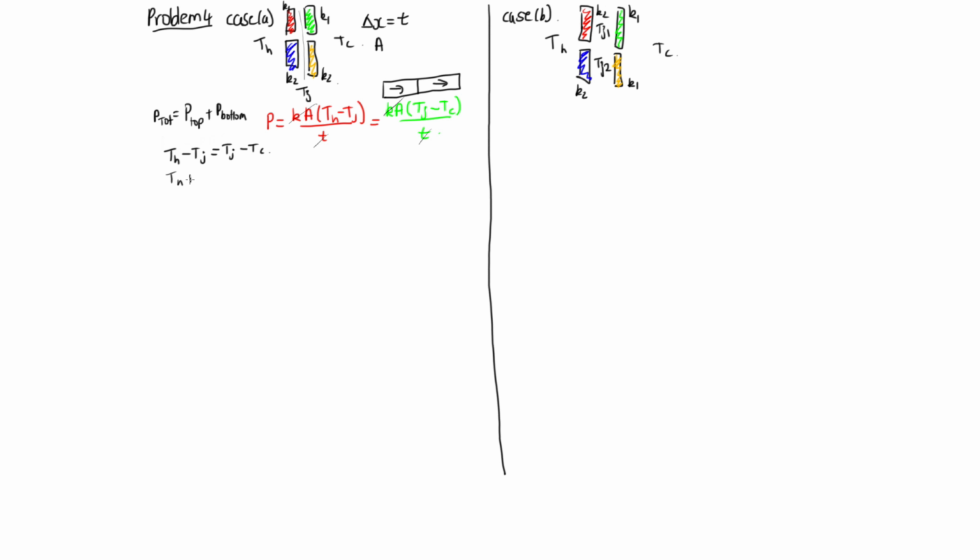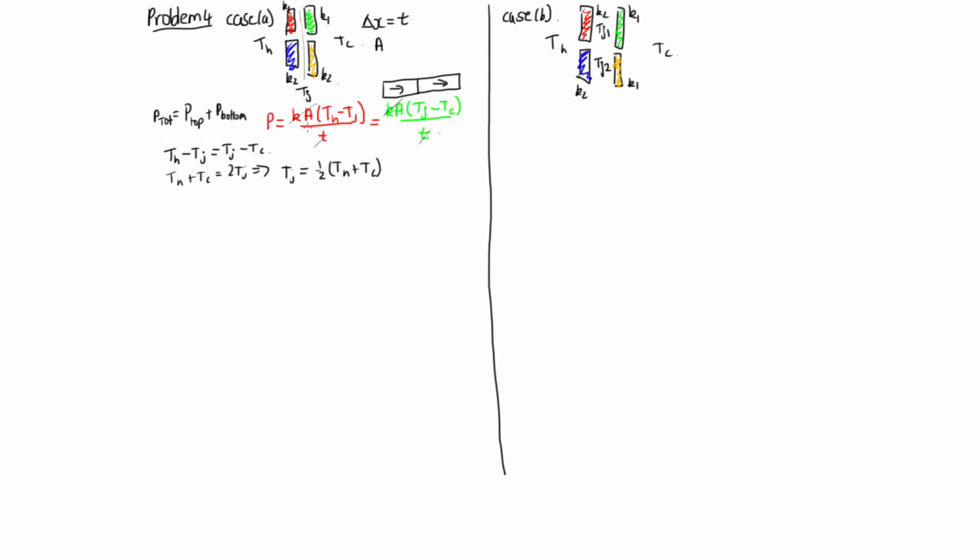So Th plus Tc is equal to 2Tj, which tells us that the junction temperature Tj is equal to a half (Th plus Tc), which we vaguely mentioned before when we said it should be the middle temperature. This is the average of the hot and the cold sides. So that's what it is all along there.